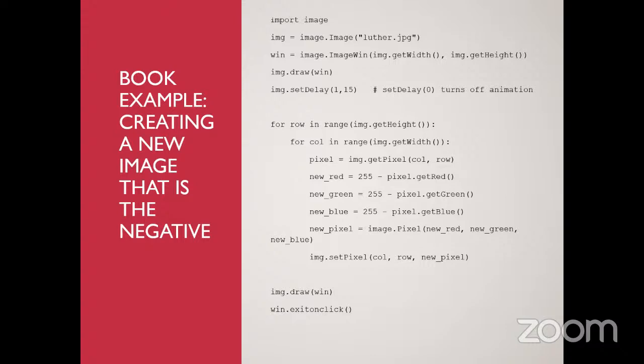So set delay, this makes it where it draws slow enough for you to see it. Otherwise, the computer's just going to flash it up there. So if you want to see it draw in an animated way, put a number in there and it'll slow it down where you can see it.